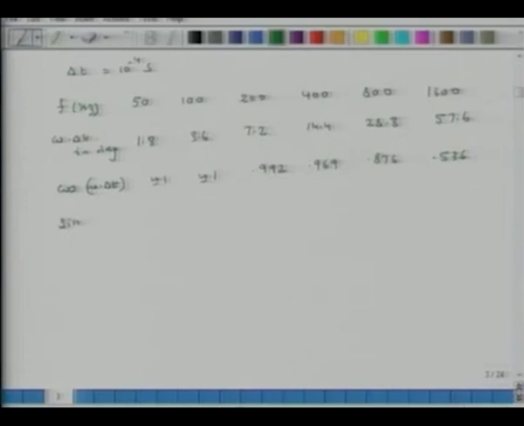And the sine values are 0.031, 0.063, 0.125, 0.249, 0.482, 0.844. What you see is that, just looking at some broad numbers, maybe this approach will work up to 100 or maybe 200 hertz. Above that, the sine value starts becoming fairly appreciable.